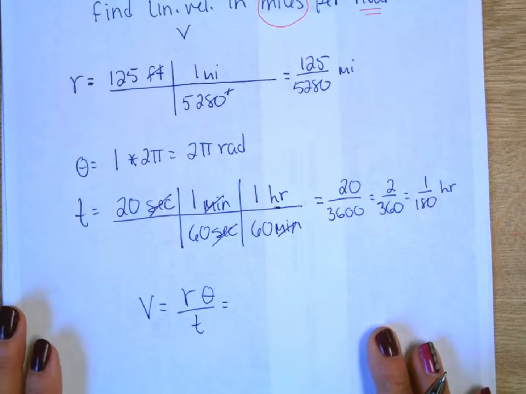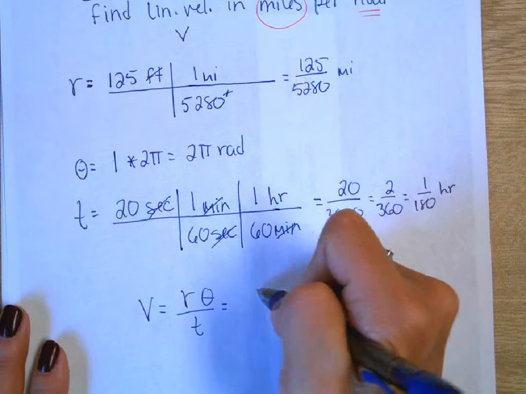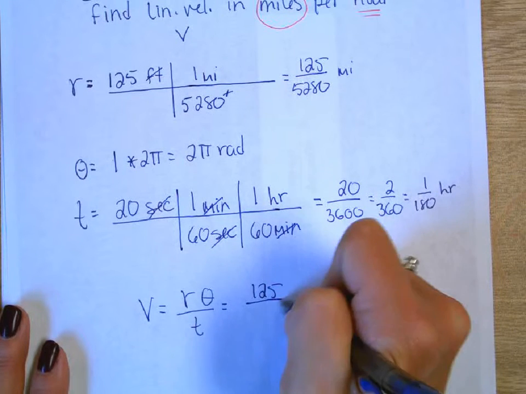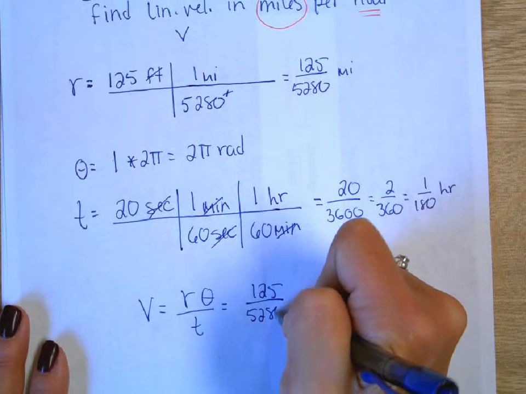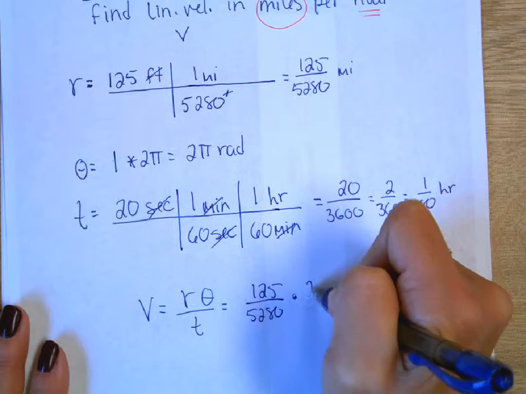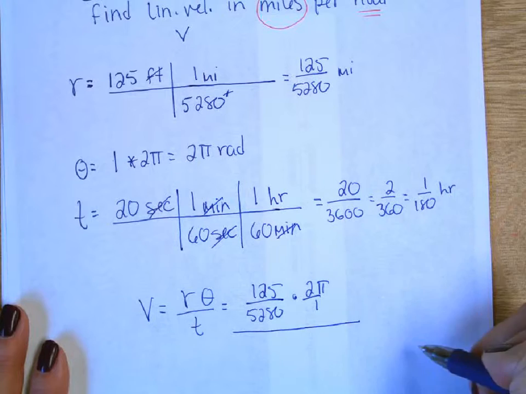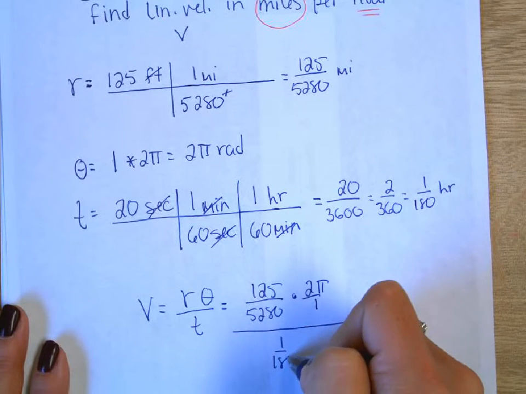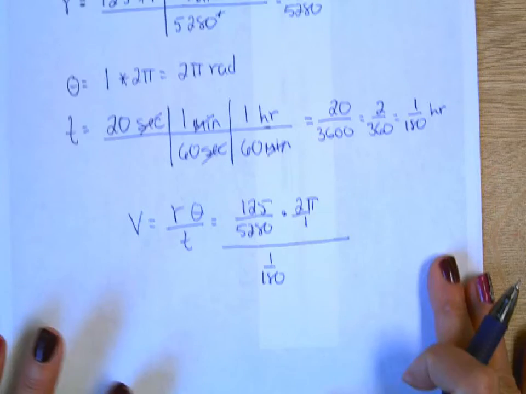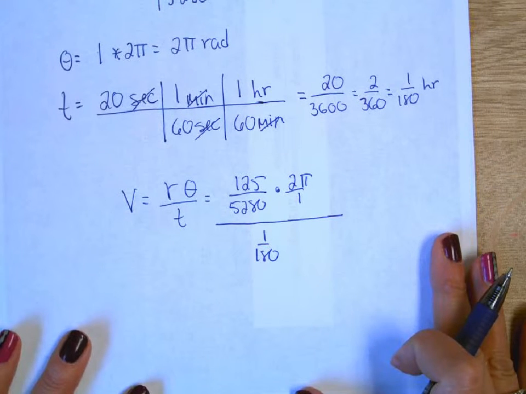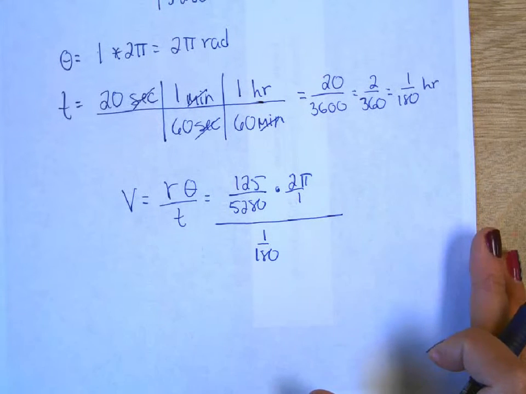Theta was the easy one. All right, so the radius is 125 over 5280. Multiply that by 2 pi over 1. That's all going to get divided by 1 over 180. Yep, now I chill. Because it's all calculator work from here.